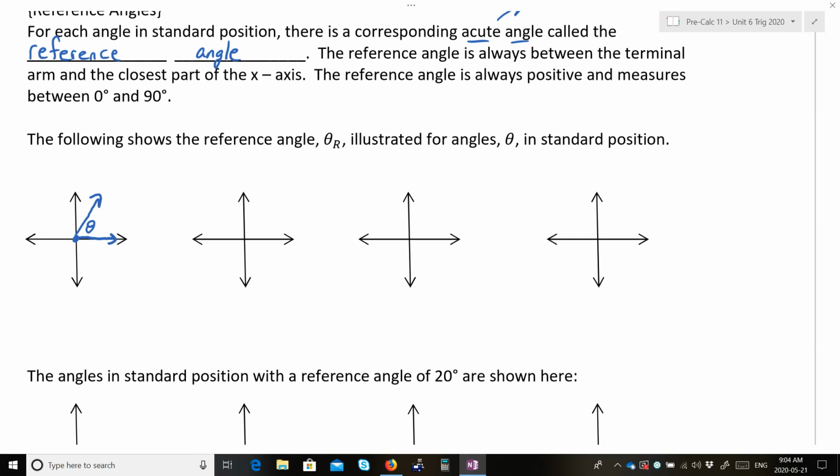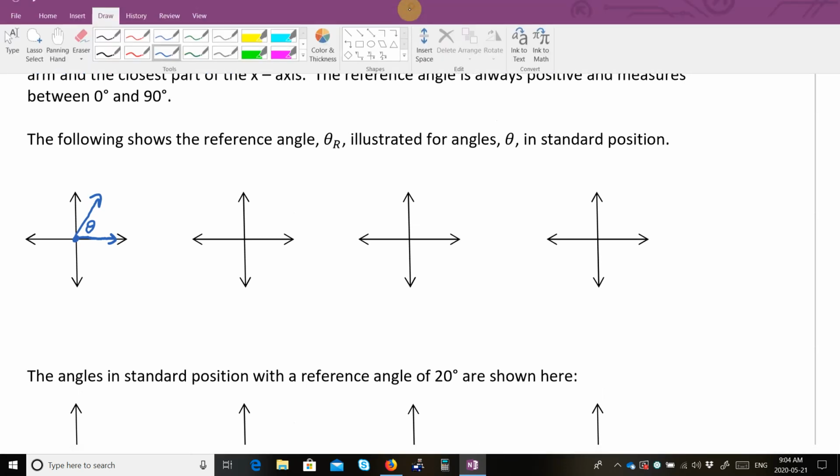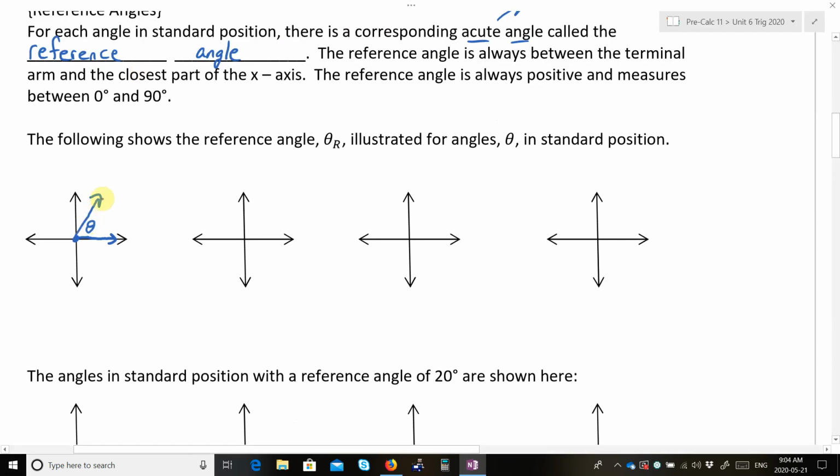The reference angle is always between the terminal arm and the closest part of the x-axis. So remember, the terminal arm in this case is that one there, right? It's not the one that's first starting on the x-axis. That's the initial arm. So the terminal arm is the one I've indicated there.